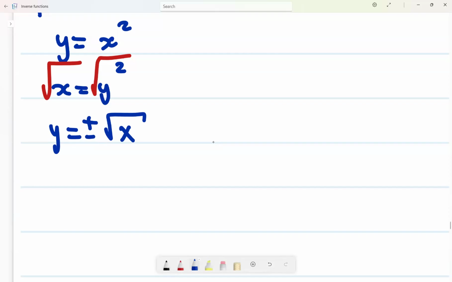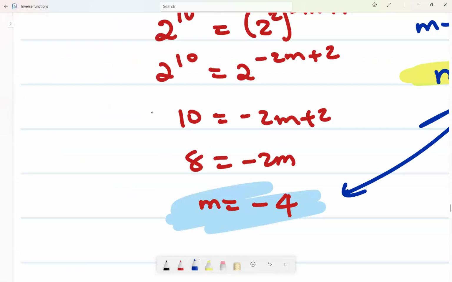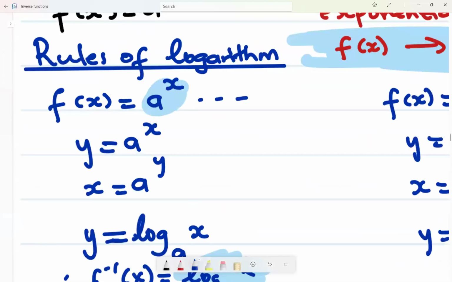Okay? So I have this now. Then what? Then this is just your inverse function. Why do we always see plus or minus on a parabola? Because even here we had a standard parabola.